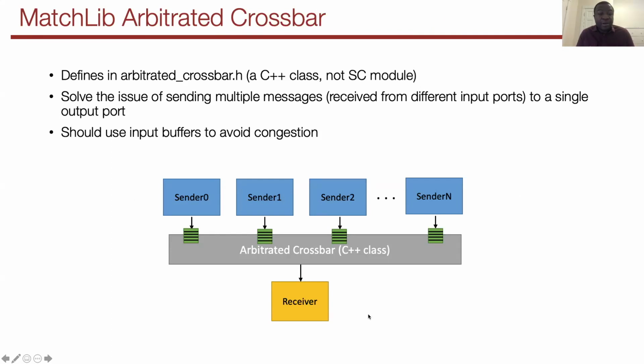So this can be solved by using an arbitrated crossbar. MatchLib provides such a class that you can simply instantiate in your design to arbitrate this traffic. As you see here, obviously the input to the crossbar must be buffered in order to avoid potential congestion.